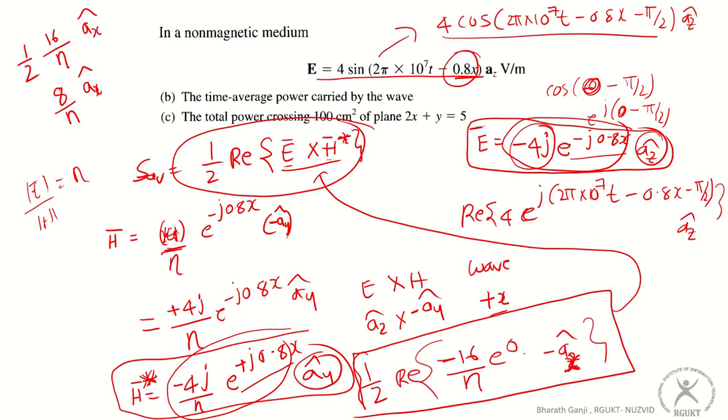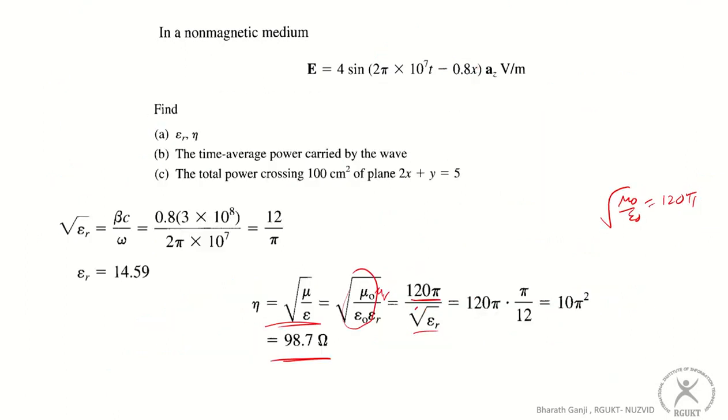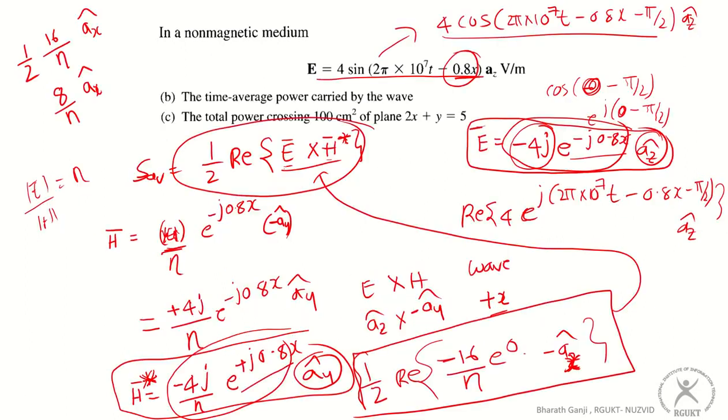In fact, we have the value of eta also. If you substitute the value of eta, I think you get the answer of eta as 98.7. If you substitute here, we get something around 81.80 ax cap milliwatt per meter square as your average power.